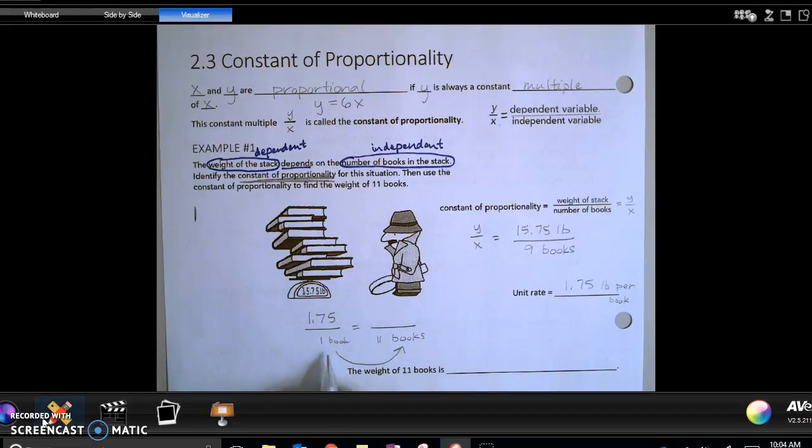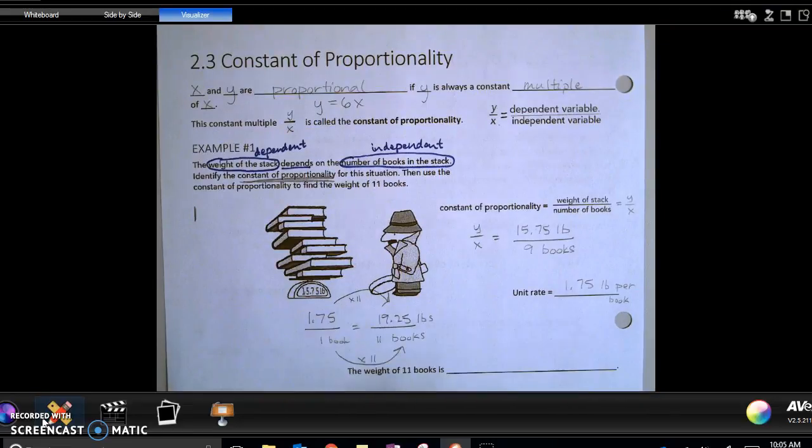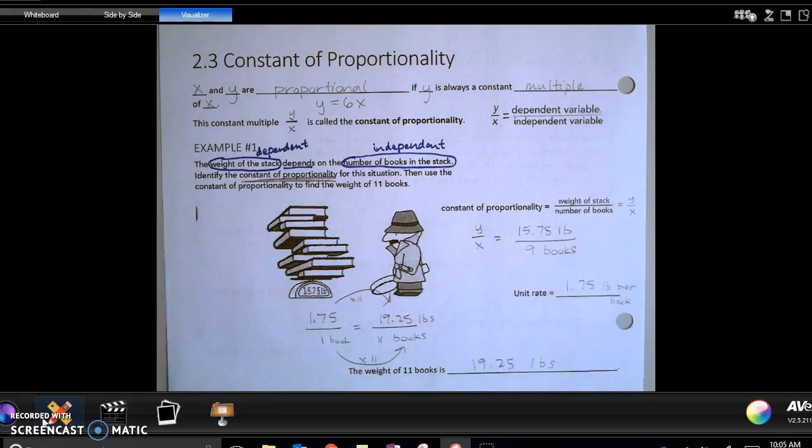I'm going from small to large, so I need to multiply. 1 times 11 is 11, and to keep my proportion balanced, whatever I do to the bottom, I need to do to the top. So I will also multiply 1.75 times 11, which gives me 19.25 pounds. So the weight of 11 books then is 19.25 pounds.